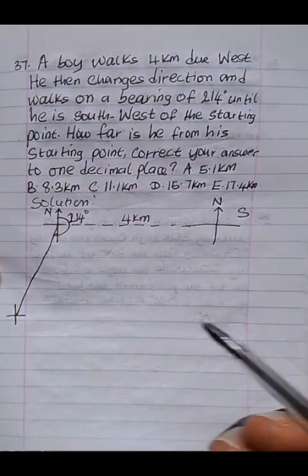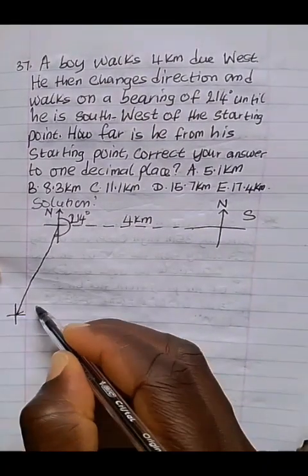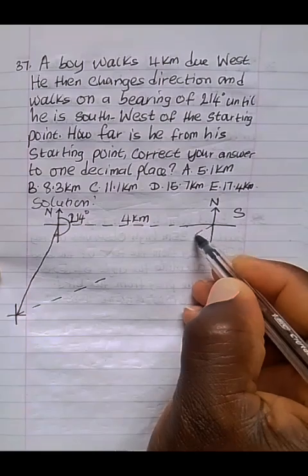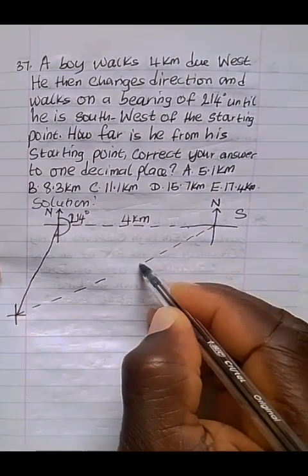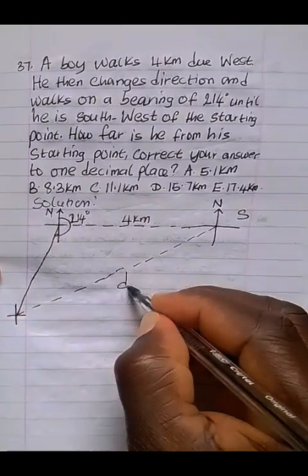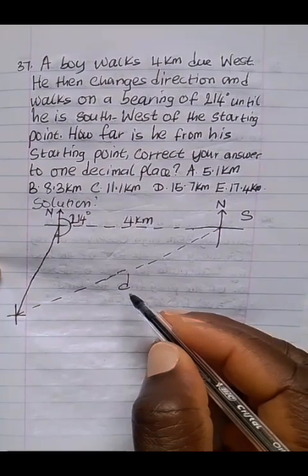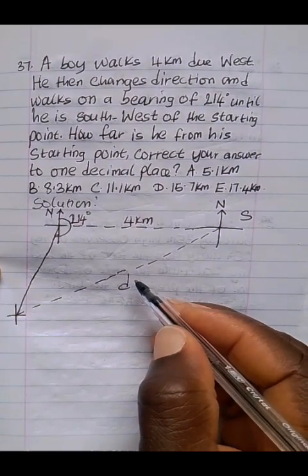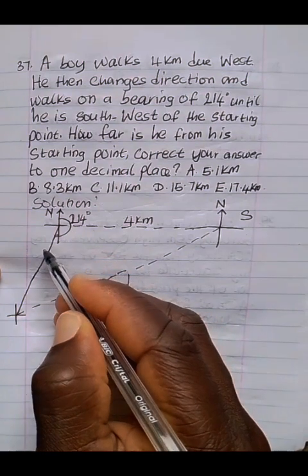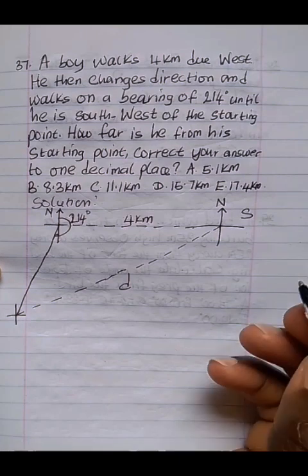Now, how far is the boy from the starting point? That is this distance. We are to look for this distance. Okay? So here is D. Now, in order to find the required distance, this angle is known. You have to get it.